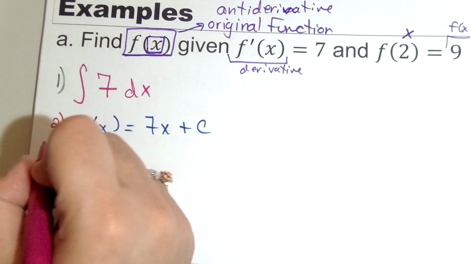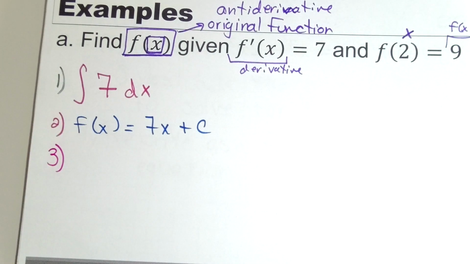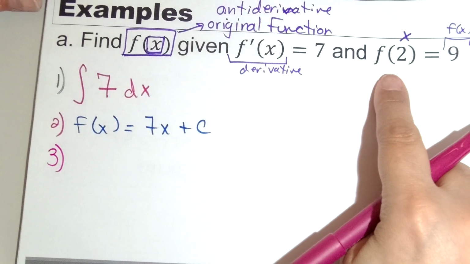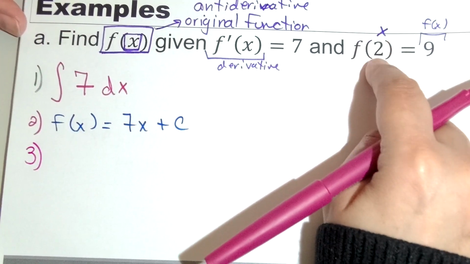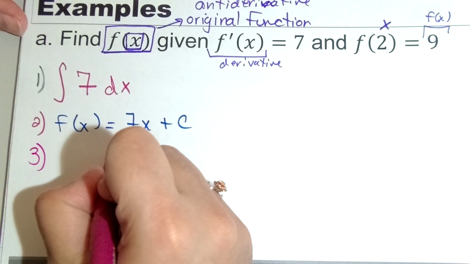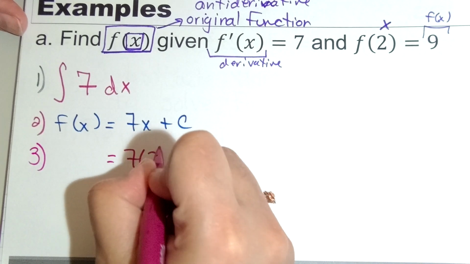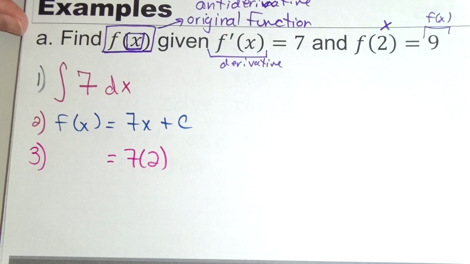Step 3 says that we're going to substitute in what we have to solve for c. So again, like I said, this 2 is x. So wherever there is an x, I'm going to put a 2. Don't forget your parentheses. Are there any questions so far?